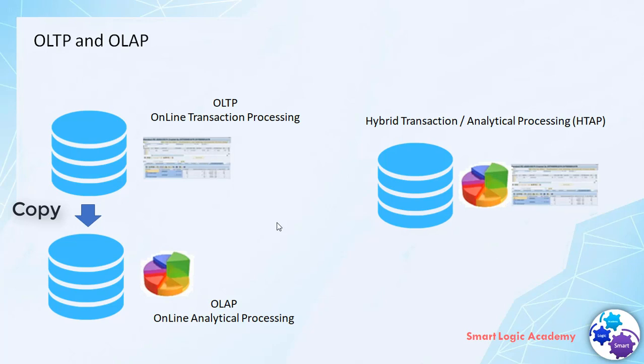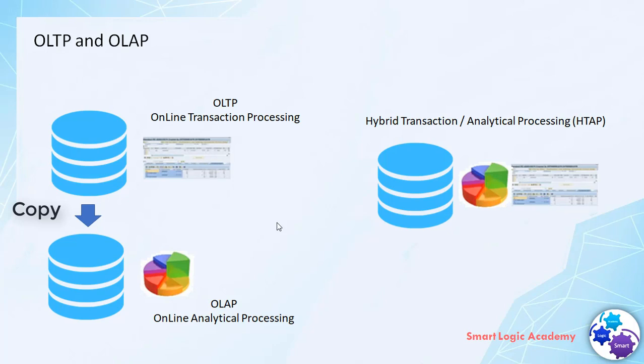SAP HANA is a platform that simplifies the IT landscape and removes complexity that was developed over many years. The key objective of SAP HANA is to remove all the redundancies. This means that only one copy of data is needed for any type of access.